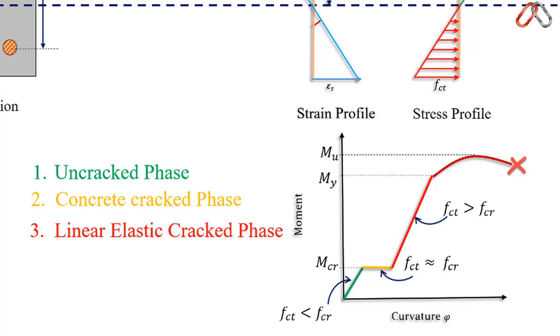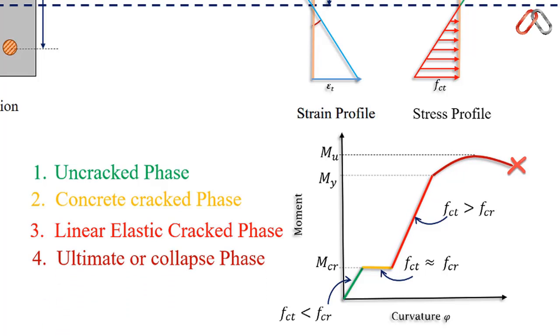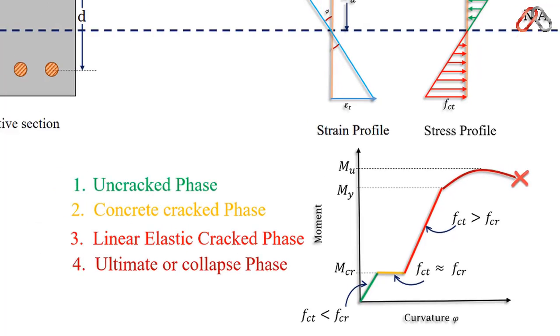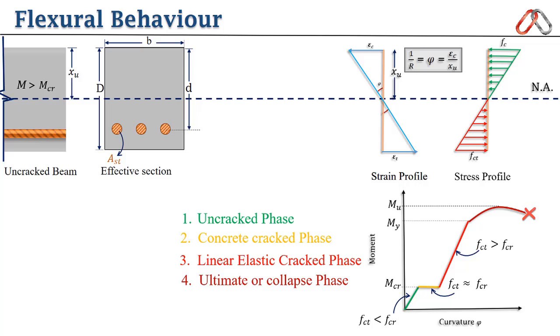In this section, materials also behave as linear elastic. This behavior is also known as in-service behavior or normal operation. And then the final or ultimate phase or collapse phase. Here concrete collapses completely.